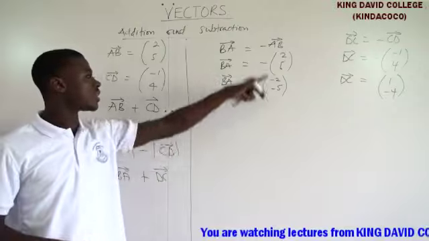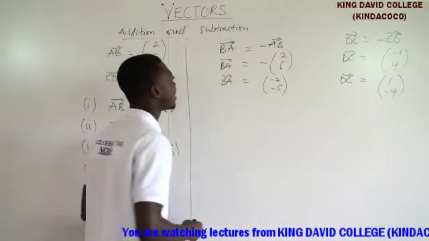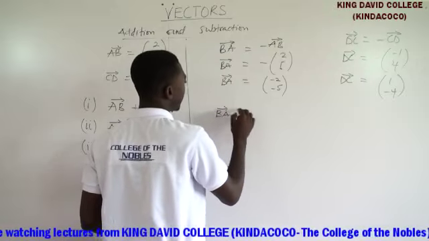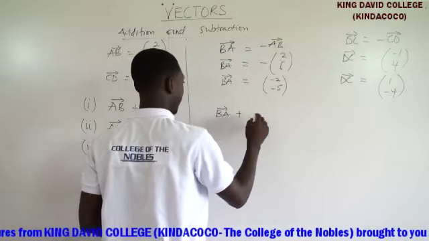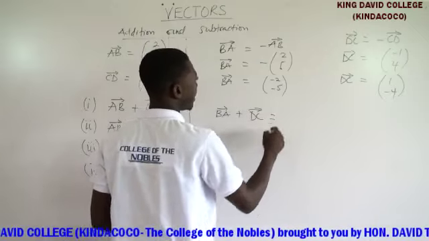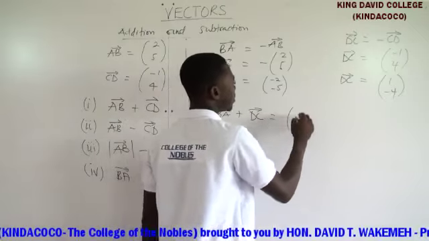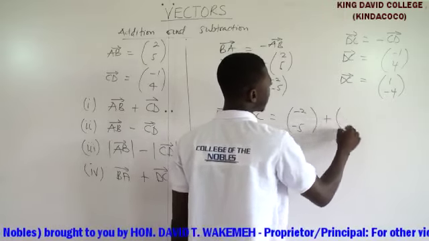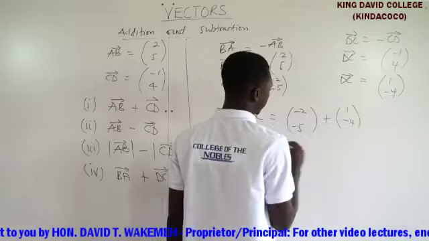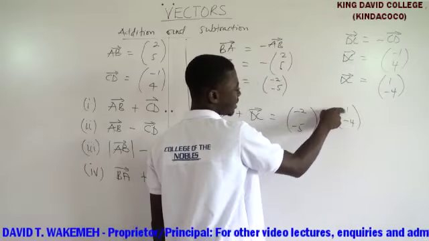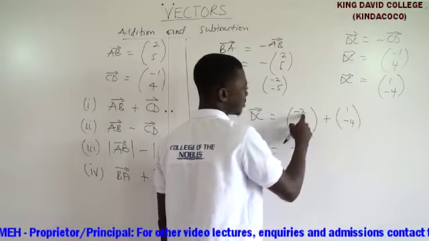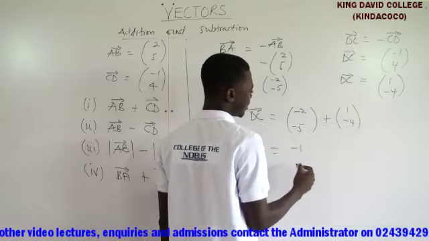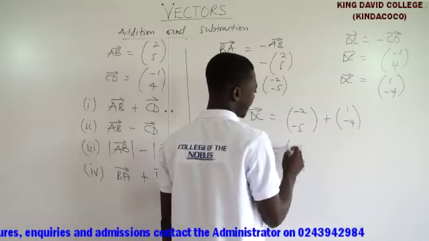So if we are asked to do vector BA plus vector DC, then it's just summing this and this. So minus 2, 5 plus 1 minus 4. And therefore, this plus this will be negative 1. And then minus 5 plus this is going to be minus 9.